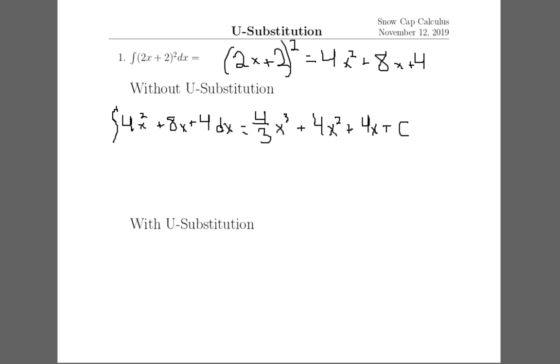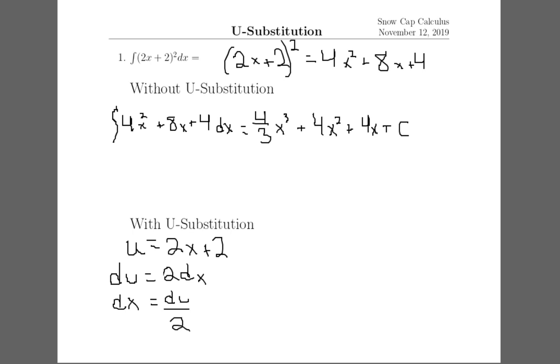So our U-substitution that we would do is we would set u equal to our 2x plus 2. So then we'll take a little derivative, du. It's going to be 2 dx. And we want to solve for dx so that we can plug it into our original integral. We just do that by dividing both sides by 2. We get dx equals du over 2.